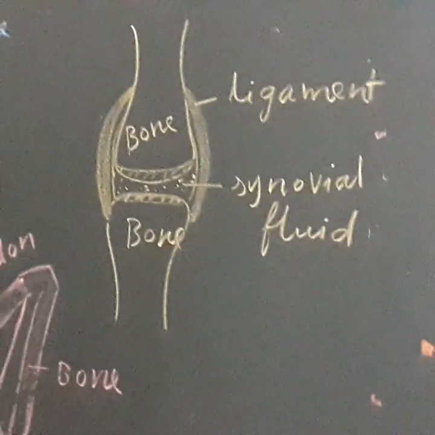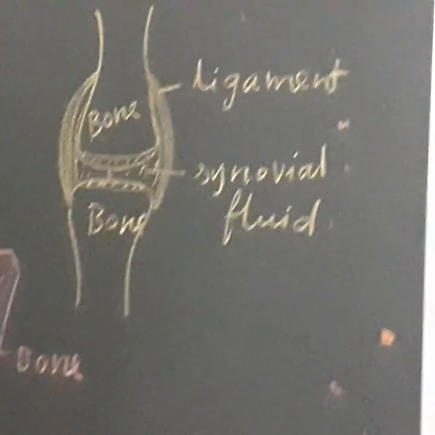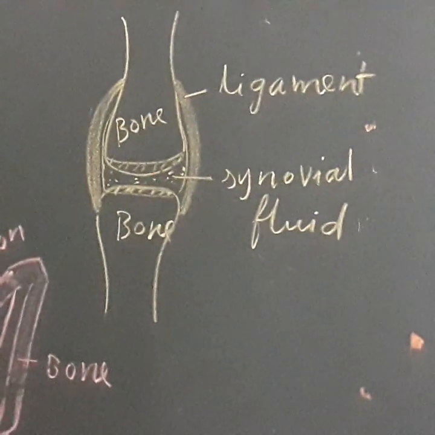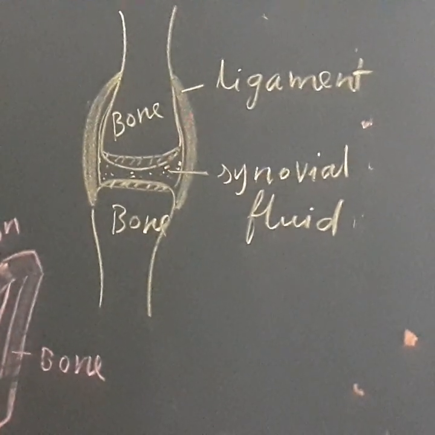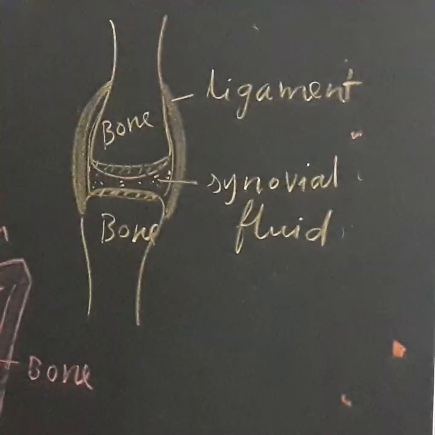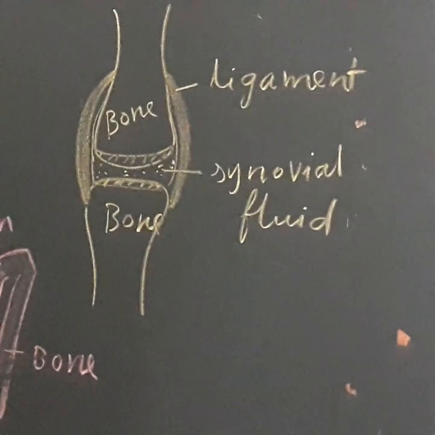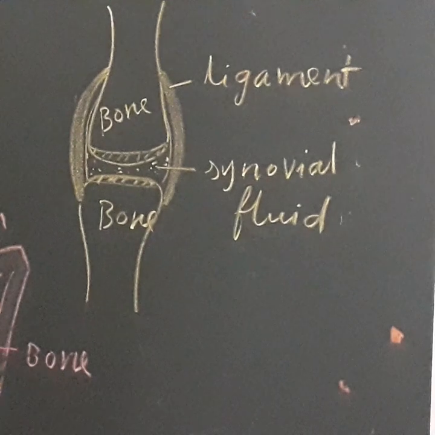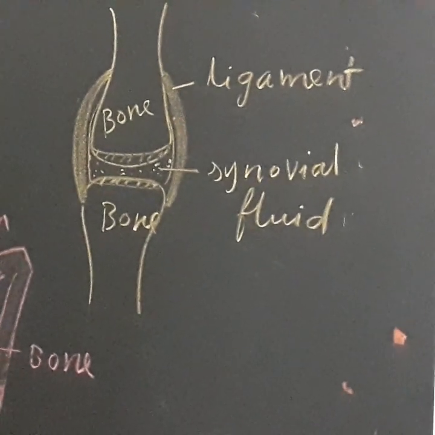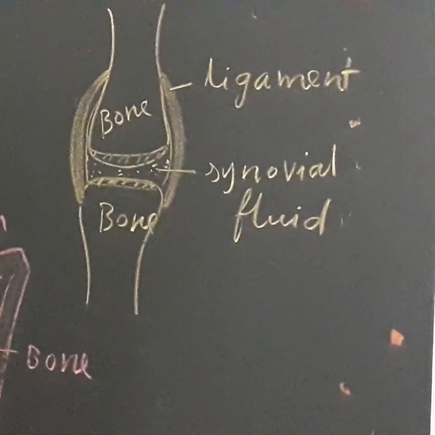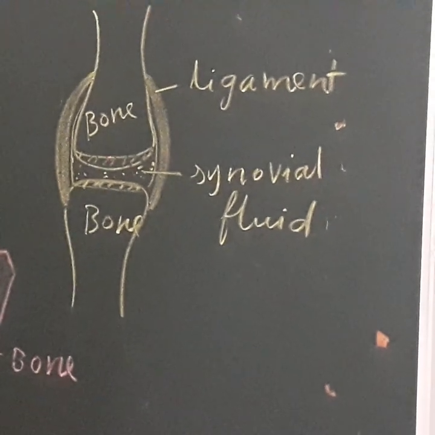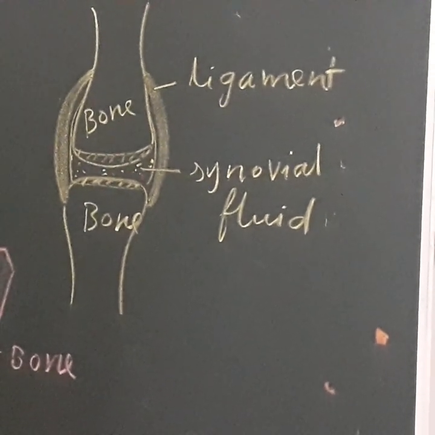Two bones are shown here between the knee, and these bones are held in position with the ligament. This prevents the dislocation of these two bones.